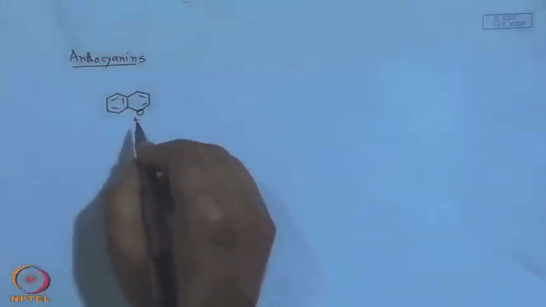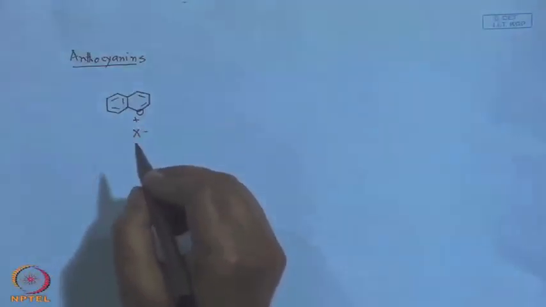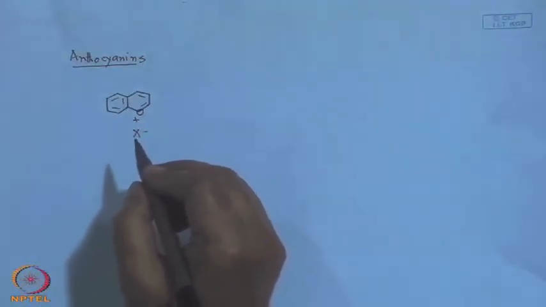They would look like this structurally. The way I draw here is a 6-membered ring, another 6-membered ring fused together, and then there would be an oxygen in the backbone. What you see here is an oxonium ion, and X minus.